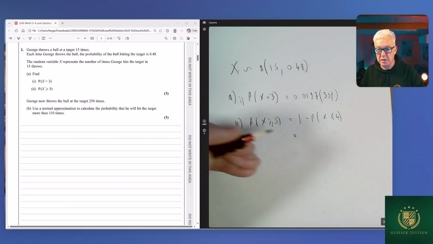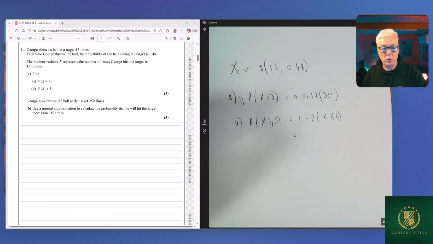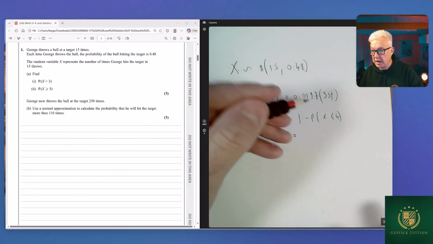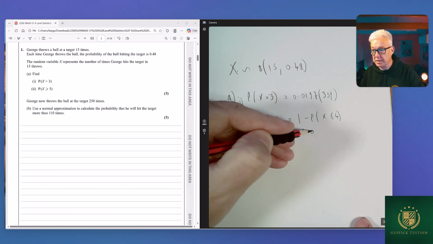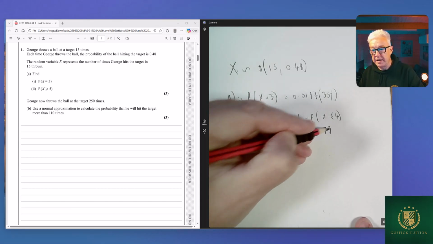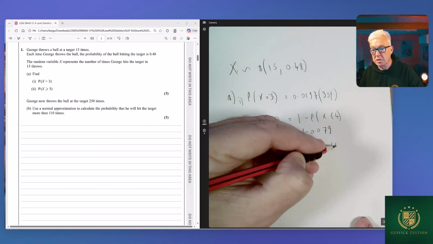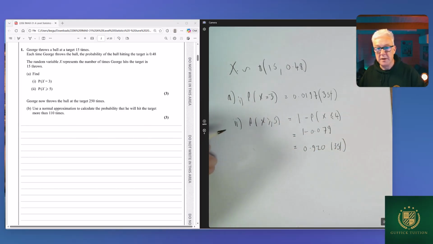Okay, so greater than or equal to 5 is the same as 1 minus less than or equal to 4. If we work that out, that's going to give us 1 minus 0.079, and that turns out to be 0.920 to 3 significant figures. So that's part A of the question done there.